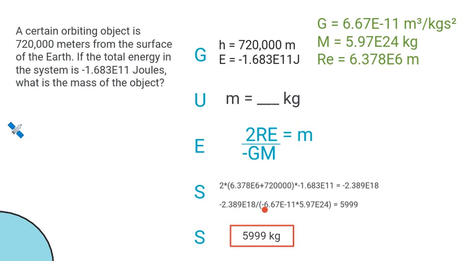And then we are going to take that and divide by the universal gravity constant and the mass of the Earth, and it's also negative. So we do that. So we have a negative divided by a negative value. We end up with about 6,000 kilograms, and that's how you do this problem. So try it like that. You could do it all at once.